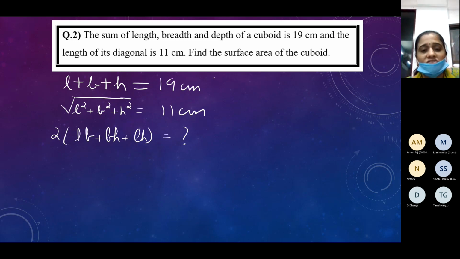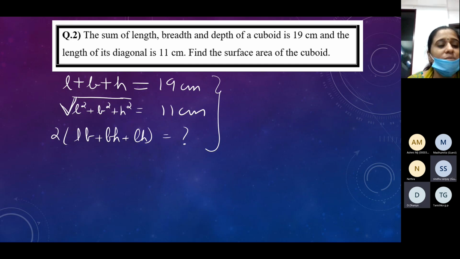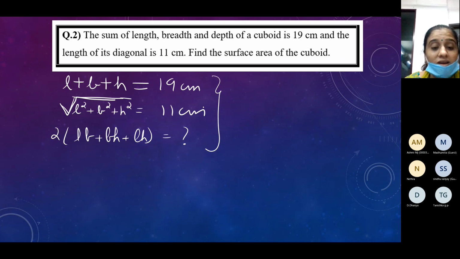Now, when you look at these three, can you recall any identity? Any algebraic identity? It need not have all this which you see here, but somewhat related. Maybe it does not have the square root symbol. Without the square root symbol, you tell me. A plus B plus C the whole square, yeah.